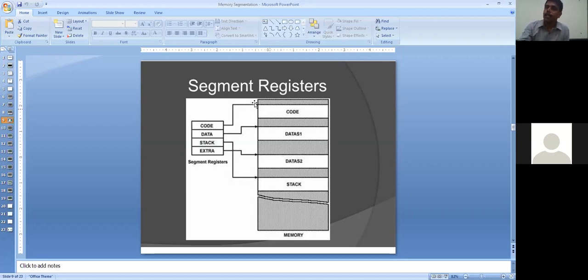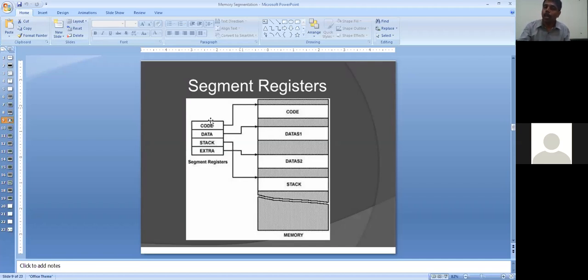But the physical address is of 20 bits. That is, the number of memory locations that we can point to is 2 power 20, that is 1 megabyte. But the address that we are representing for any particular segment is only represented by 16 bits, that is 2 power 16.